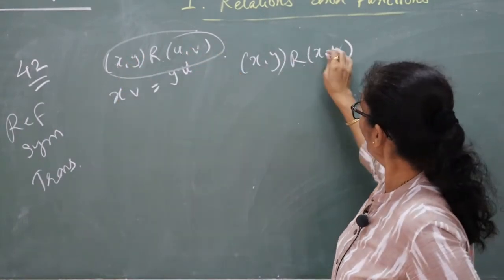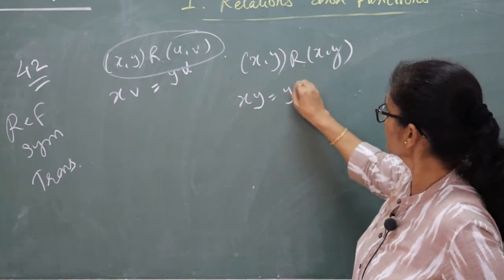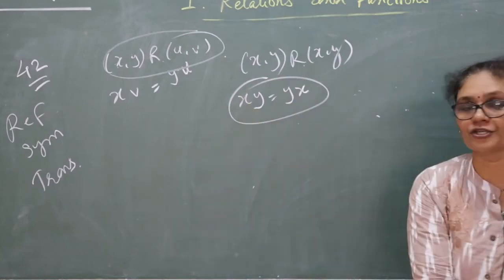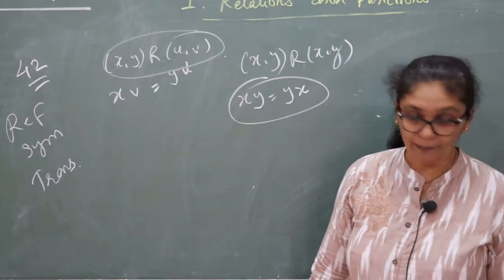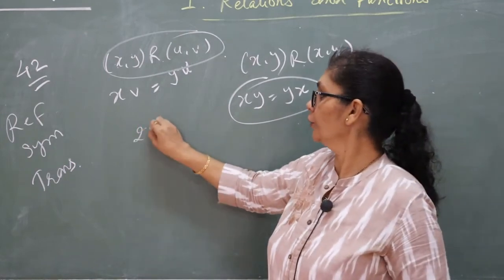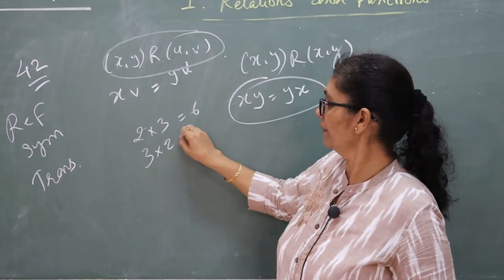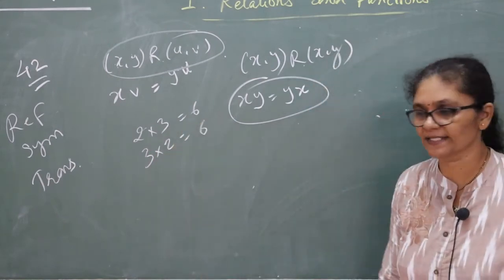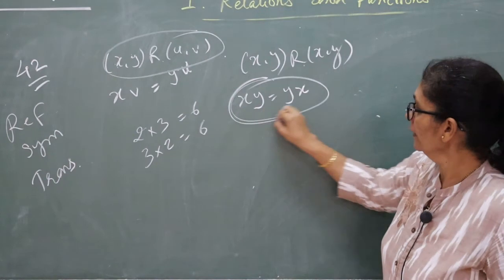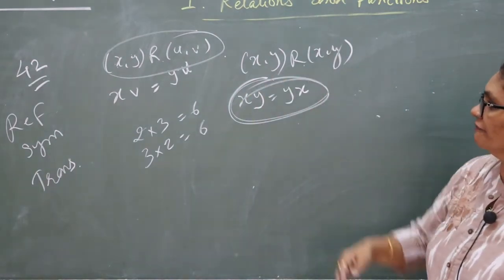So here you apply first and last, xy equals yx, and you know definitely it is true, because multiplication is also commutative. If we multiply 2 into 3, we get 6. In the same way if you multiply 3 into 2, we get 6. So xy and yx are the same. Okay, this is our first part.